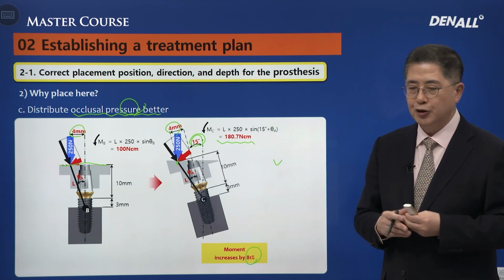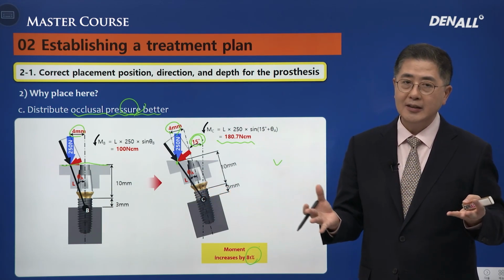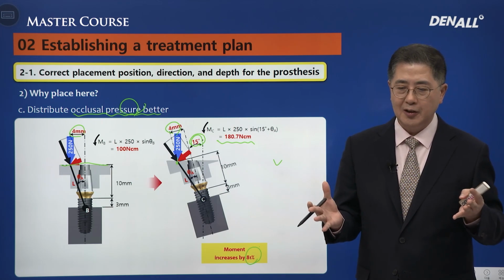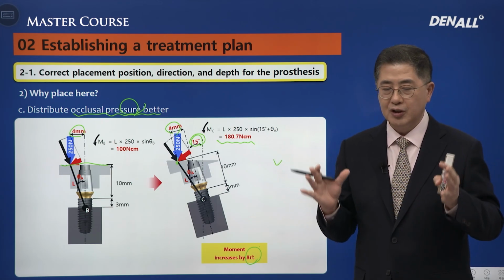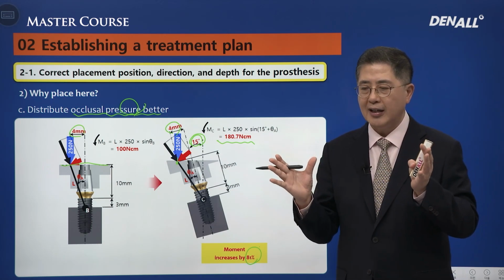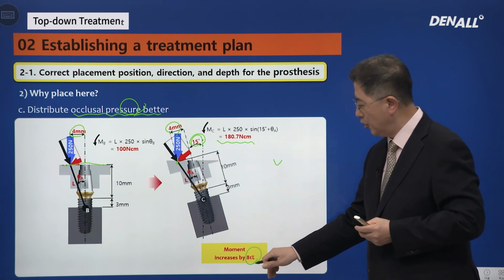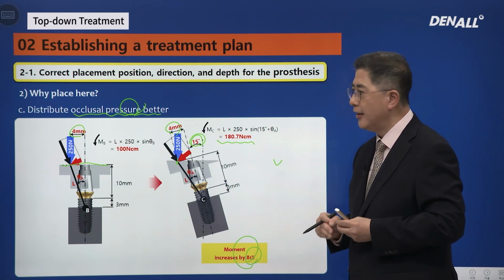If you make the occlusal surface in the posterior area flat all the way, then the masticatory efficiency can go down. But if you give too much cusp angle, just like the natural tooth compared with what is flat, the moment increases.